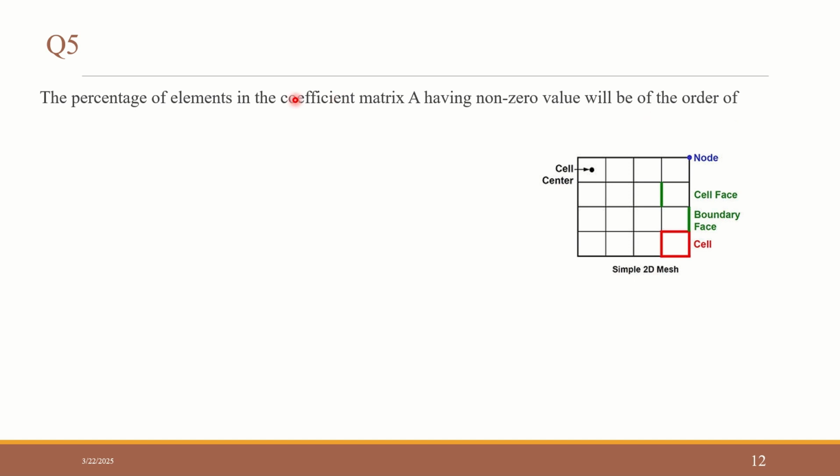I repeat, the percentage of elements in the coefficient matrix A having non-zero value will be of the order of dash.